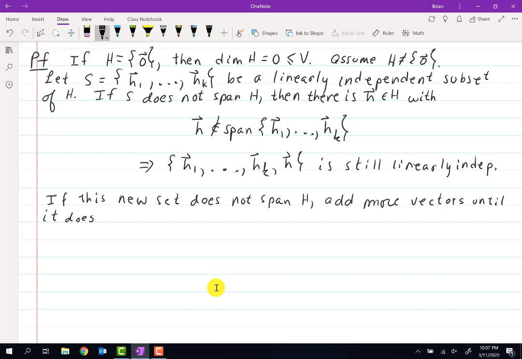I mean, you can only go up so far until you reach the full dimension of H itself. So this process has got to stop. Eventually, you're going to get as many vectors as the dimension of H is.